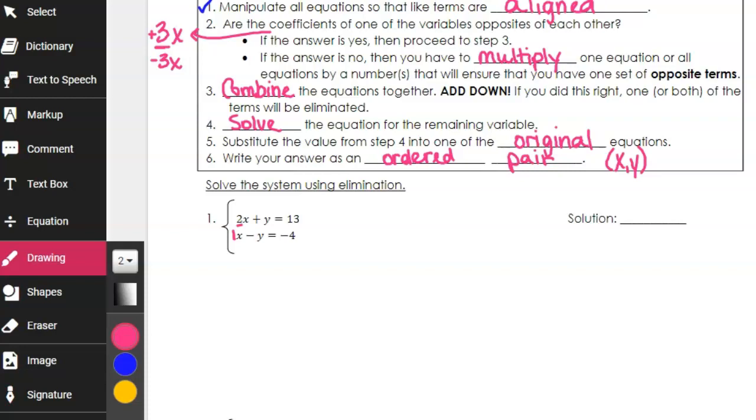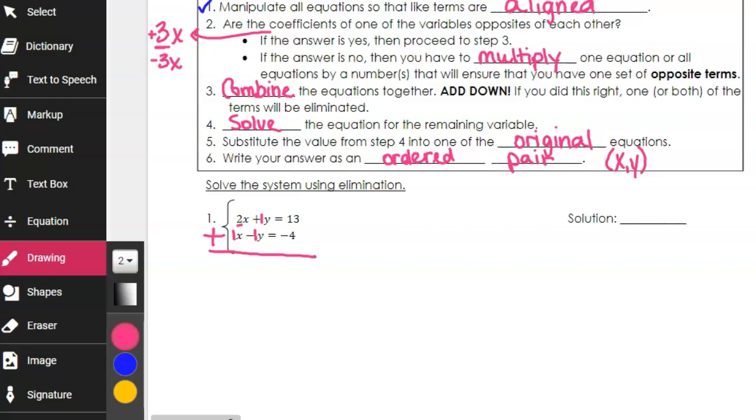The coefficient of this y term is positive 1. The coefficient of this y term is negative 1. Those are the same number, opposite signs. Those are opposites of each other. So I'm going to move on to step 3. I'm going to combine my equations by adding down. So I'm going to draw a big line underneath and a big plus sign outside. I'm going to add down.